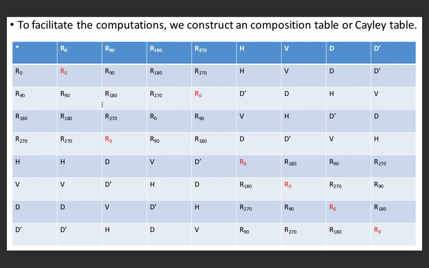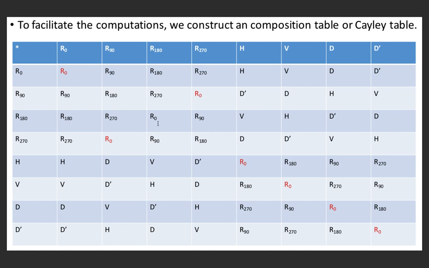But in the second diagonal, the elements towards the right are R270, R0, D dash, D and below are R270, R0, D and D dash. Here it was D dash and D, it is D and D dash. Here it is HV, it is VH. So the elements towards the right of R180 and below R180 are not same.